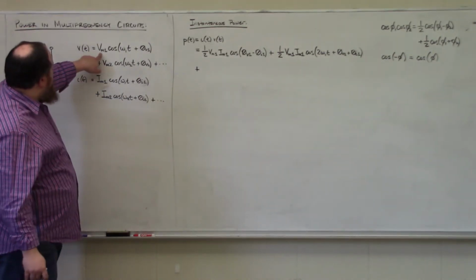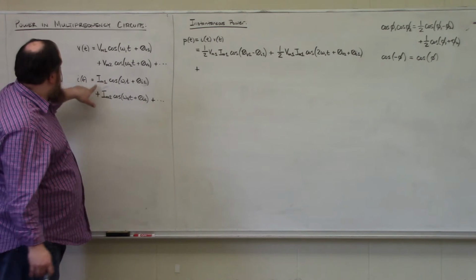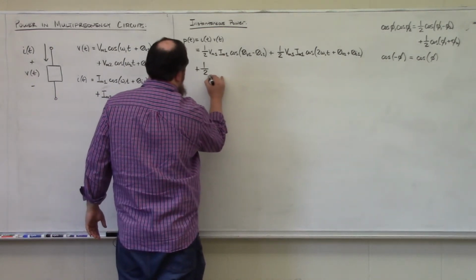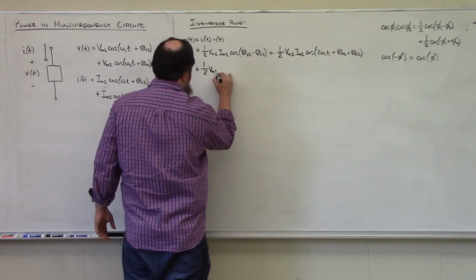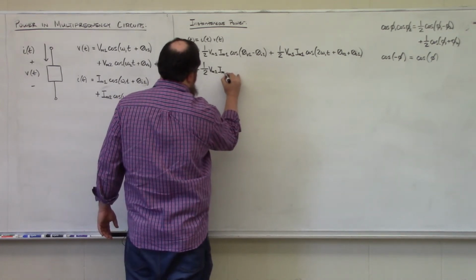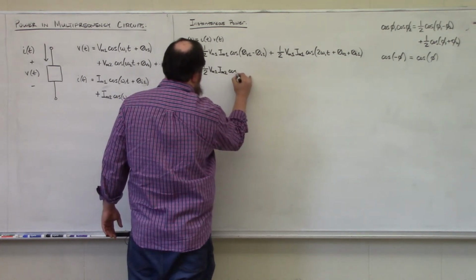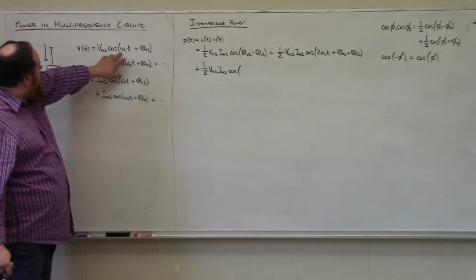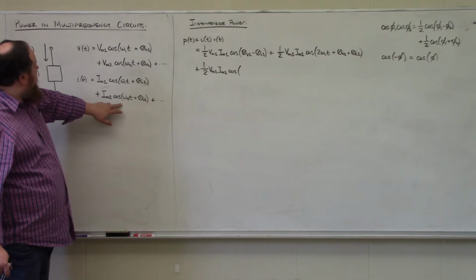Now we're going to be multiplying this bit by this bit, so that's going to give us 1/2 Vm1 Im2 cosine. So we have this angle minus this angle.